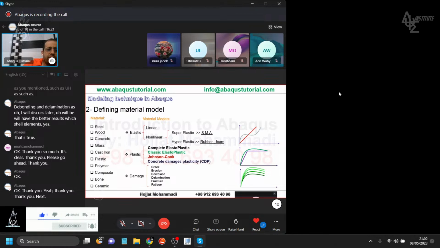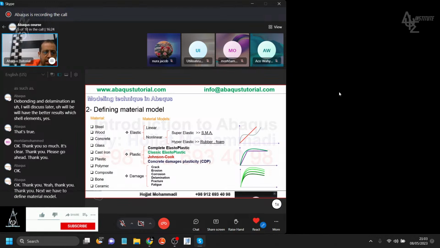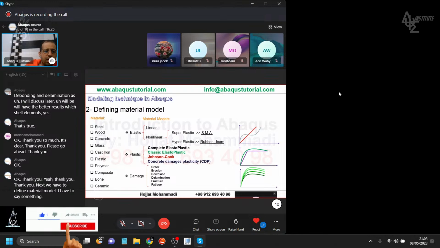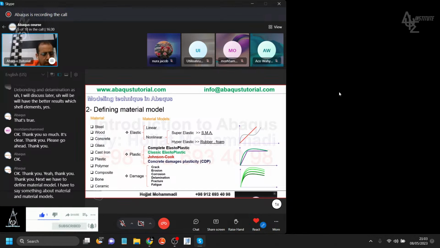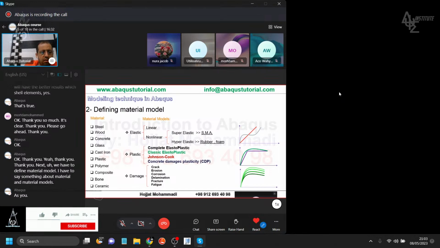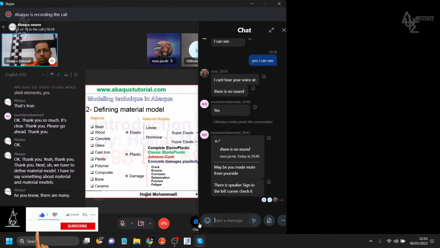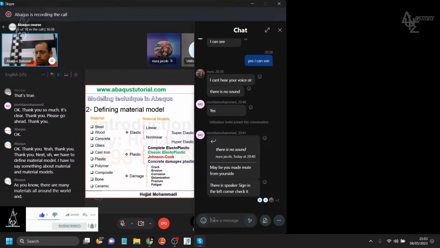Next, we have to define the material model. I have to say something about materials and material models. As you know, there are many materials all around the world, and most people are familiar with them.